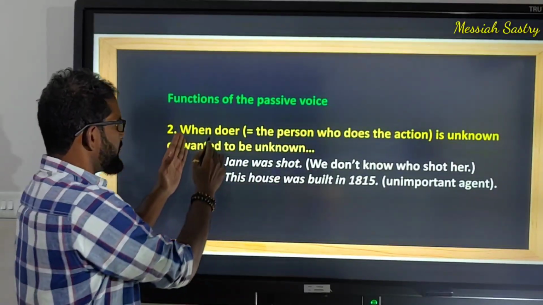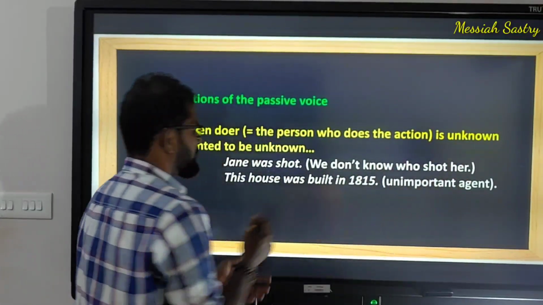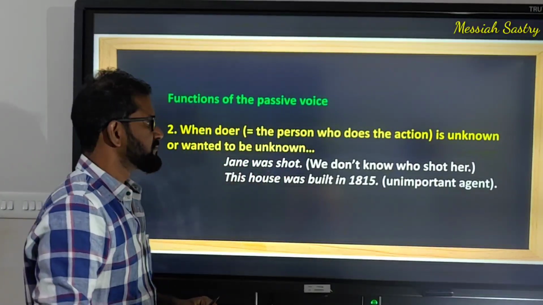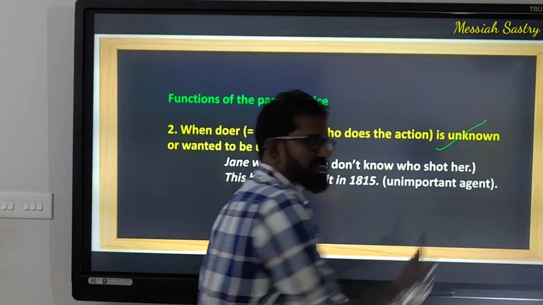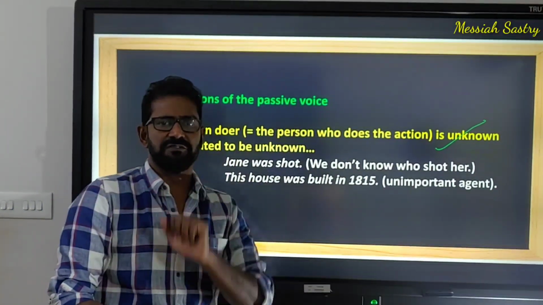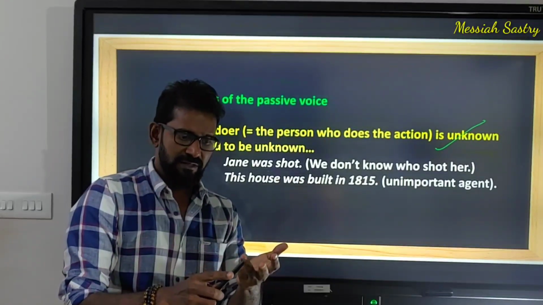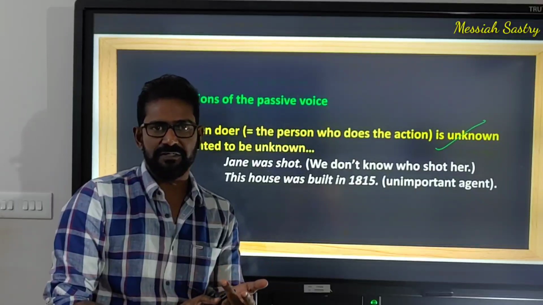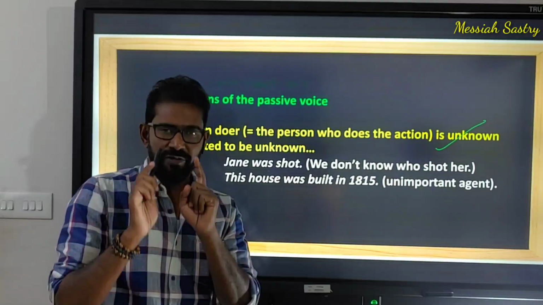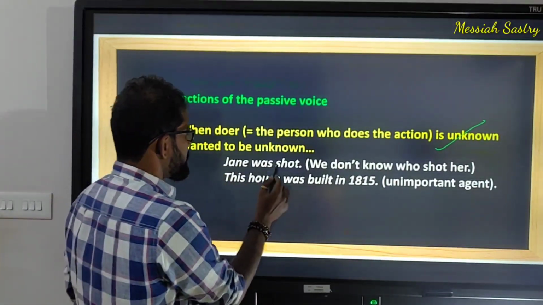Second, when the doer, the person who does the action, is unknown or wanted to be unknown. Suppose you don't know who is the doer, first thing, or you don't want to tell who is the doer. Then we need only passive voice. Look at an example.